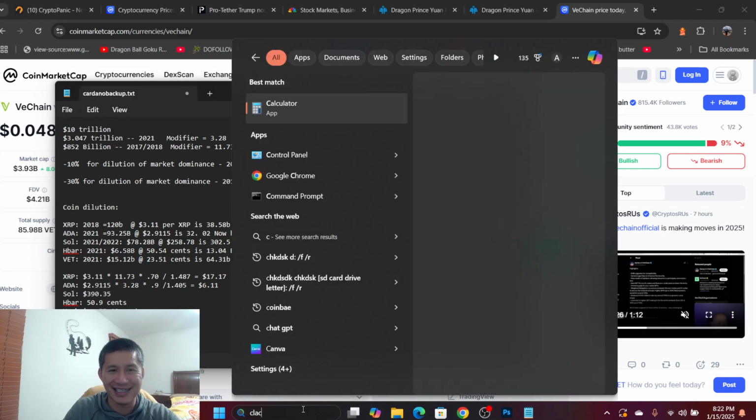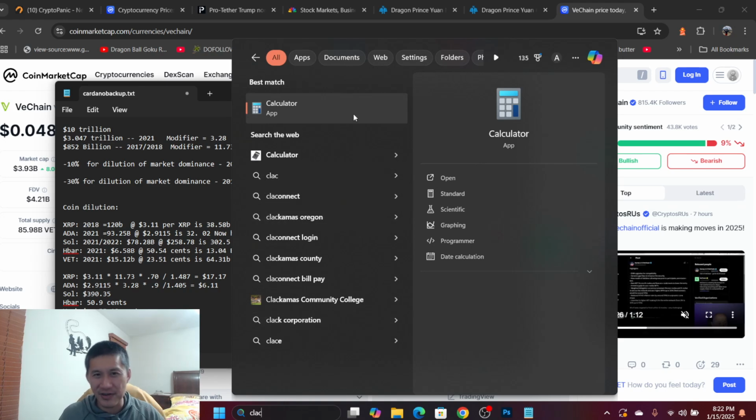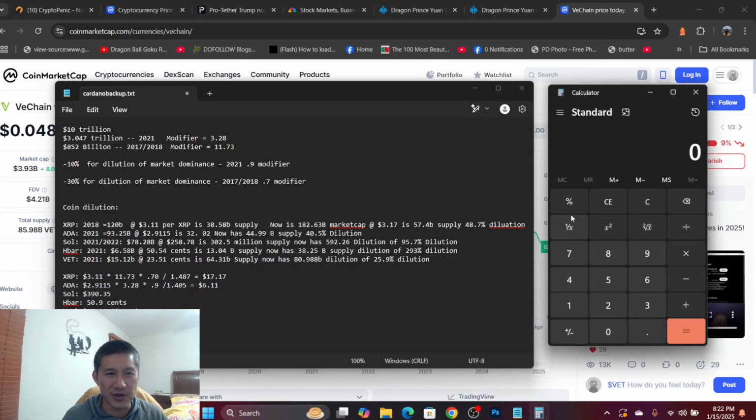But obviously it didn't. Since there was a lawsuit and everything, we're going to use the values from 2017, 2018. So you basically have $3.11. I know the maximum was greater than $3.11, and for Cardano it was greater than $2.91, and so on. For VeChain, it was really 29 cents instead of 23 cents. But I'm basically using the data from CoinMarketCap.